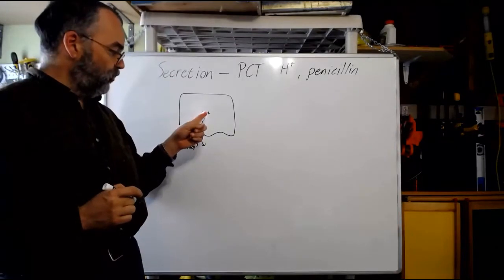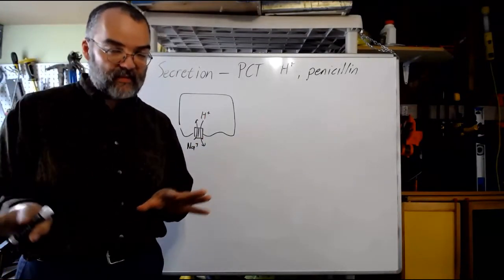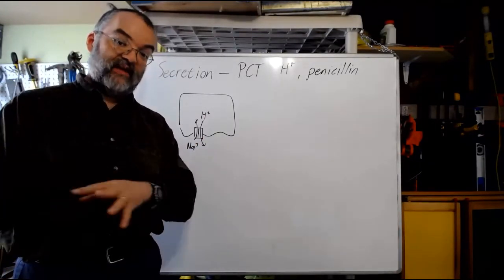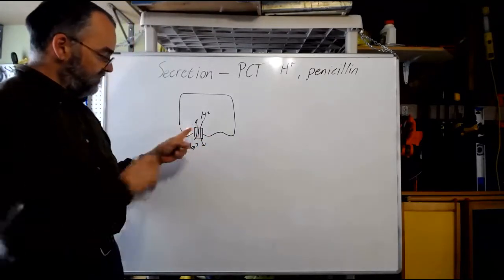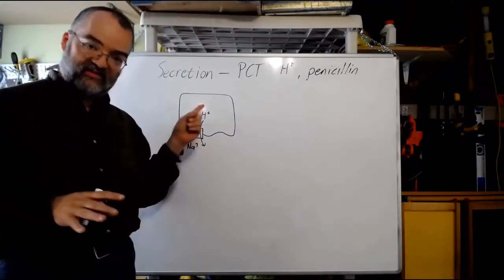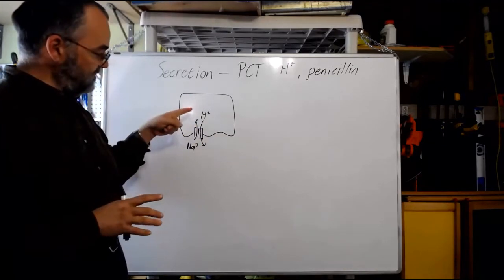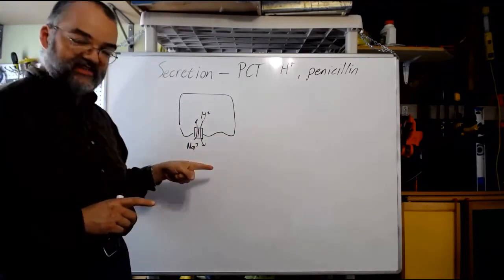Now, when exactly that would happen, that's going to be part of pH balancing, which will come at the very end of lecture 3. But this is one example of how this will work in here. We'll end up moving H+ out of this cell.